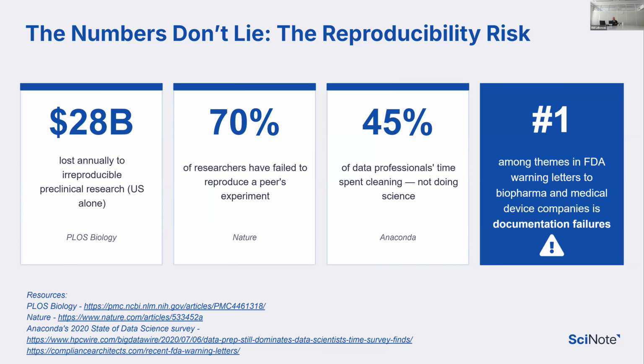Then the third box, 45% of data professionals' time is spent cleaning, not doing the science, right? So just extracting and tracking how the information works, where it needs to go. So this is a lot. However, I think this is going to change a bit with AI, but still data needs to be AI ready as well and cleaned before it can be moved and before AI can be let loose.